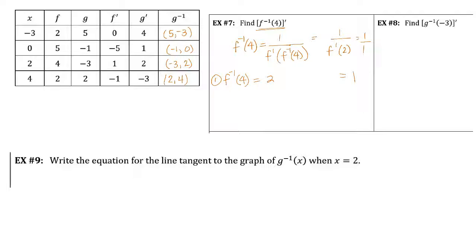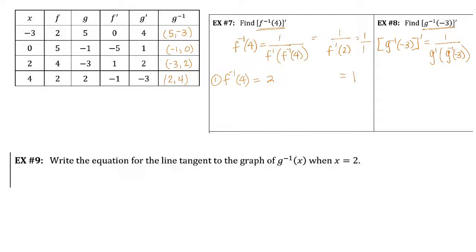Right, number 8, very similar, same process. We need to find the derivative of the inverse. So if we wanted to find the derivative of that inverse, then we're going to have 1 over g prime of g inverse of -3.